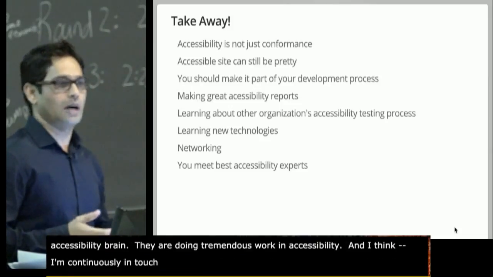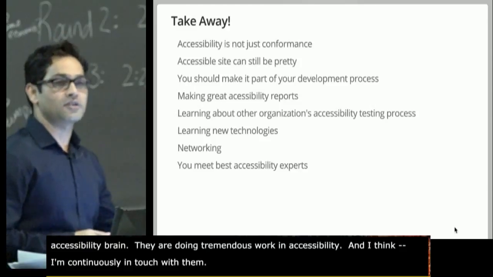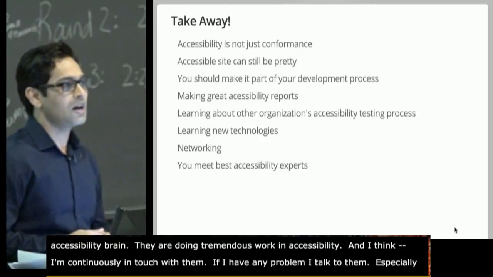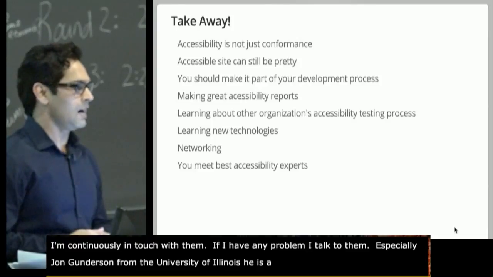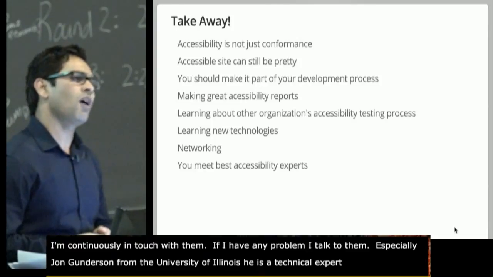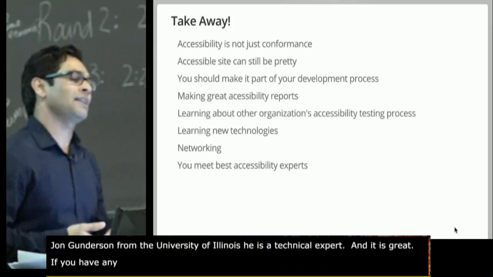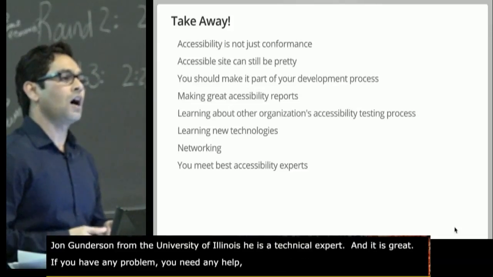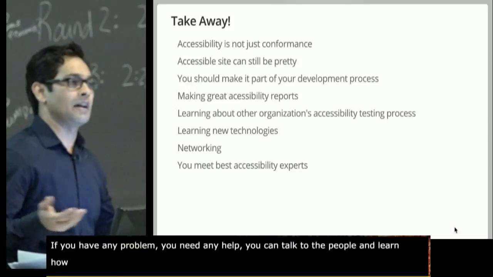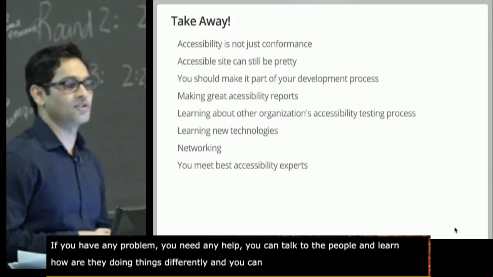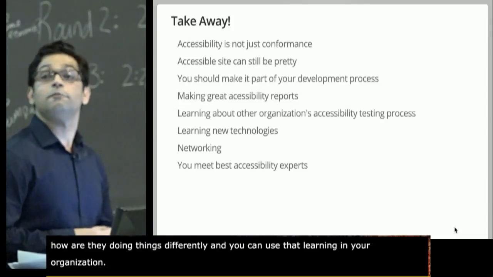If I have any problem, I talk to them, especially John Gunderson from the University of Illinois. He's a technical expert, and it's just great. If you need any help, you can always talk to these people, learn how they are doing things differently, and use that learning in your organization. Thank you.